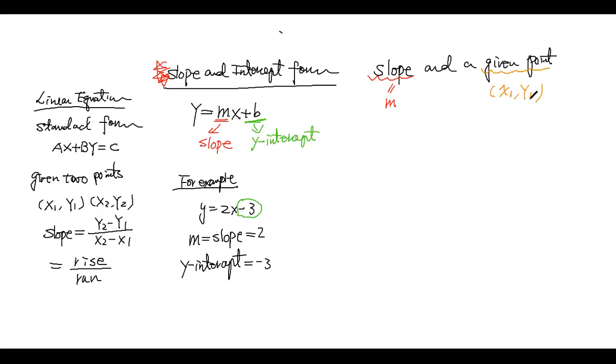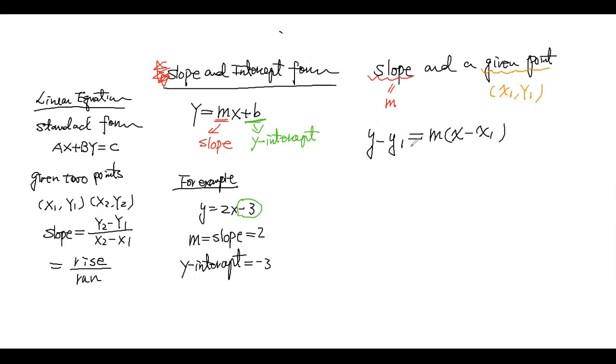What does the linear equation look like? It will look like y minus y1 is equal to m times x minus x1. This is what we call the slope and one given point form.